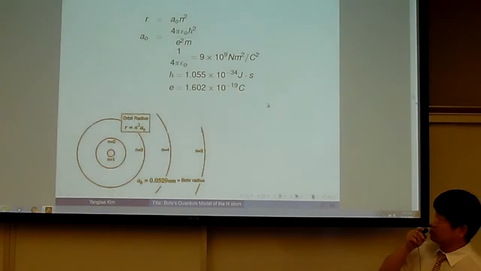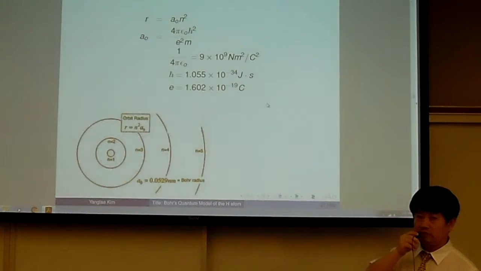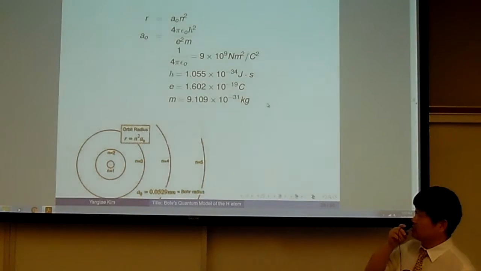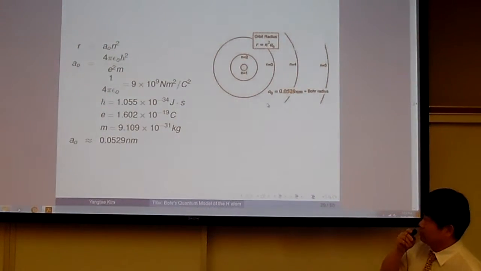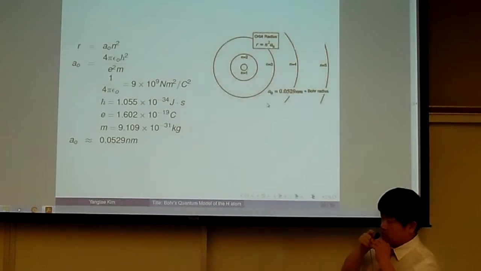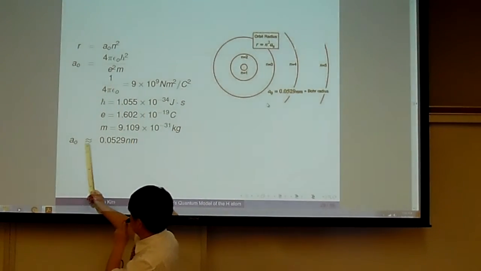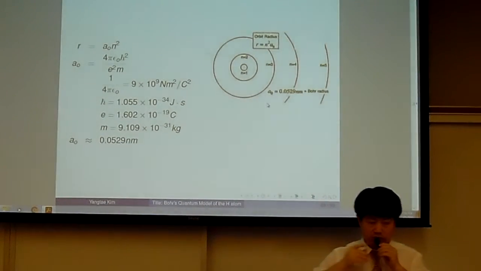The unit charge is 1.6 times 10 to the negative 19 coulomb. Electron mass is 9.1 times 10 to the power negative 31 kilogram. If you plug those values in, you get Bohr's radius of approximately 0.0529 nanometer.